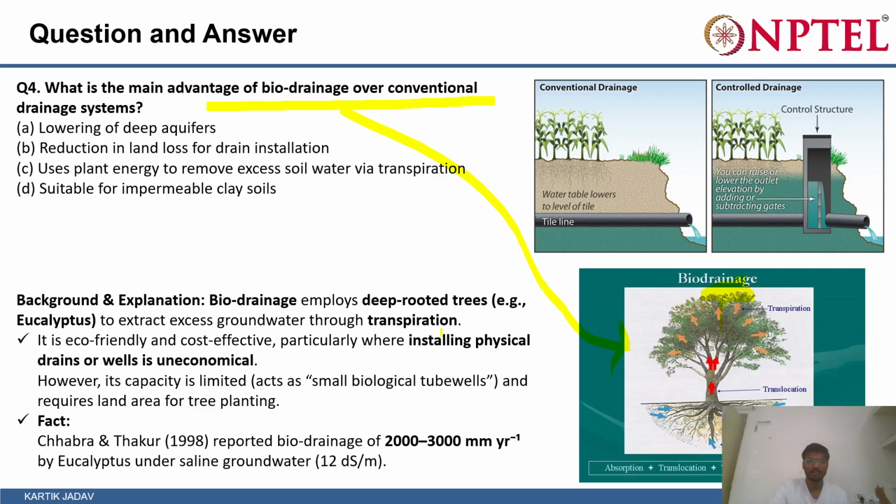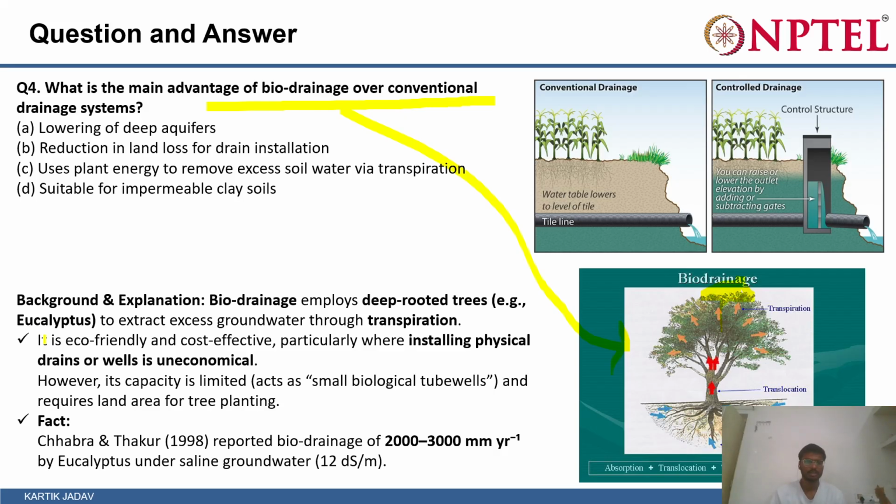We grow trees like eucalyptus to extract the excess groundwater through transpiration, while other conventional drainage systems like tile drains or mole drainage have limitations, such as limited capacity of water drawn and limited depth.